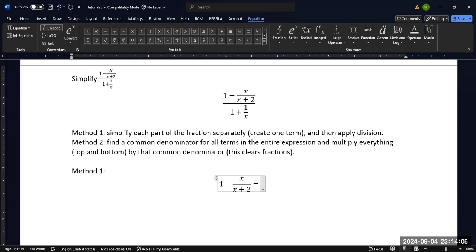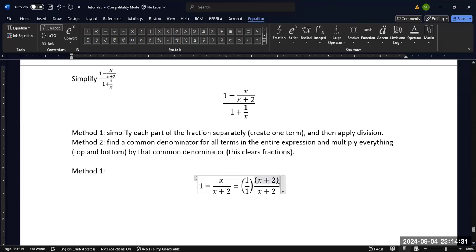So that means I'm going to need to find a common denominator. So 1 becomes 1 over 1. And then I'm going to multiply by x plus 2 over x plus 2 to make it the same kind of fraction as the other one.